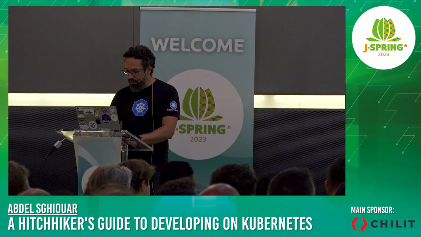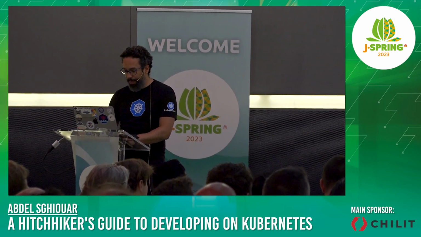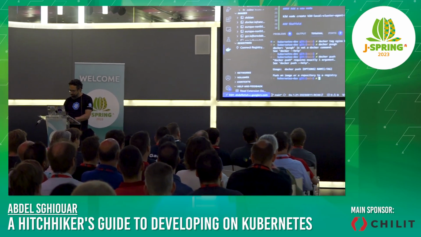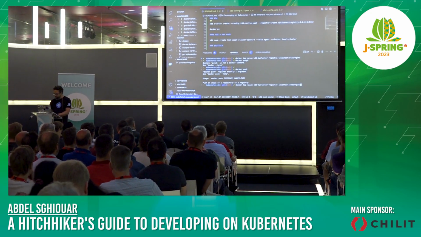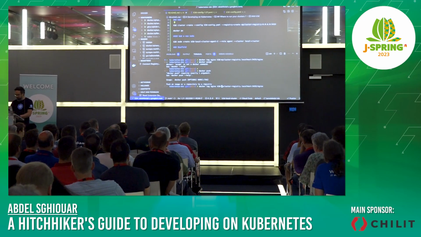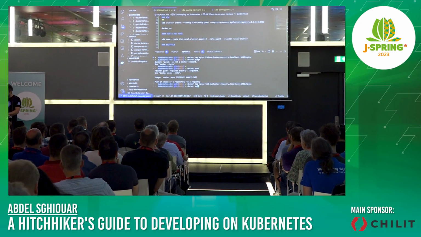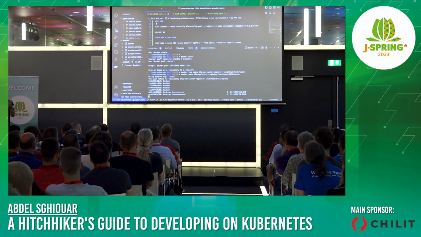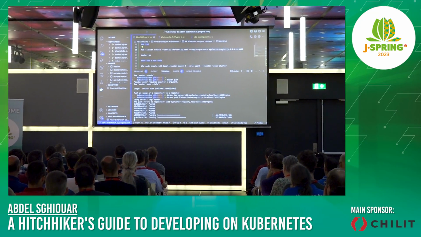And then call it Nginx, and then I can just do a Docker push. Miss something? Docker push. And then I need the URL, obviously. So this is gonna push it to the container registry, which is the one that was fired up by K3D.